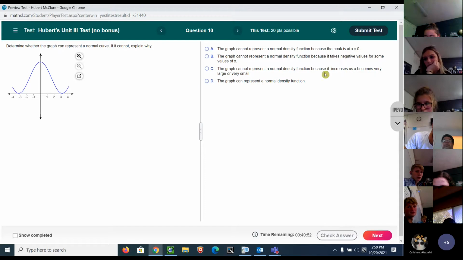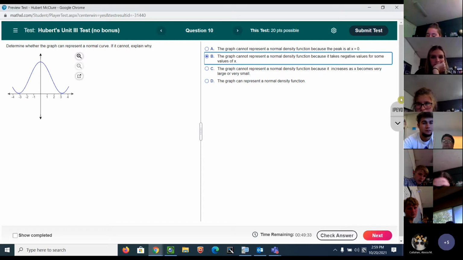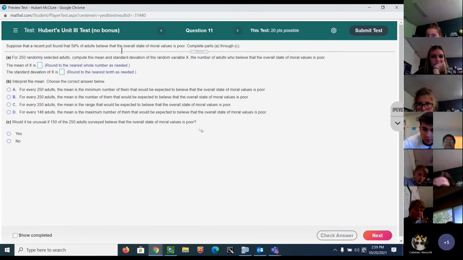Increases as X becomes very large, very small. Negative values. I don't see any negative values. Oh, yeah. Can't have negative values. I'm sorry. Oops, I didn't check it.